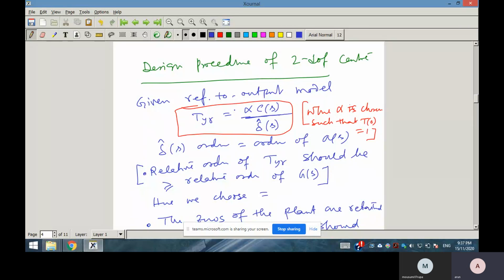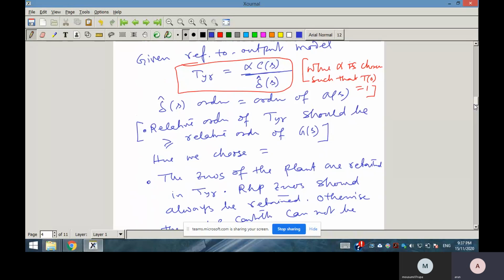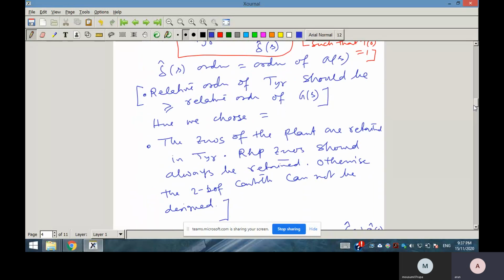Then depending on your plant relative degree and the specifications, you have to choose a desired reference input to output model like this, where the relative order of the model should be at least equal to the plant relative degree. Here I have chosen equal to. You can choose greater than or equal to.